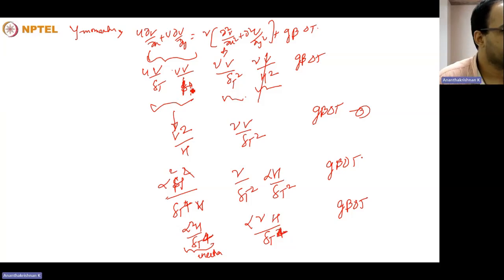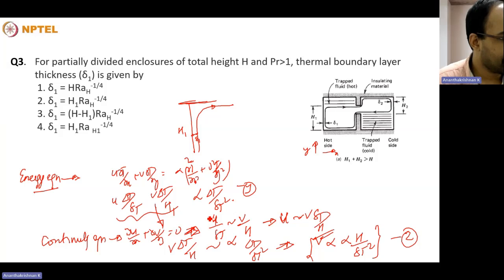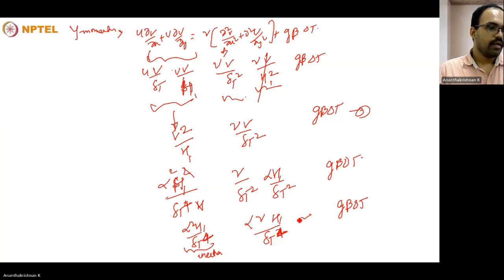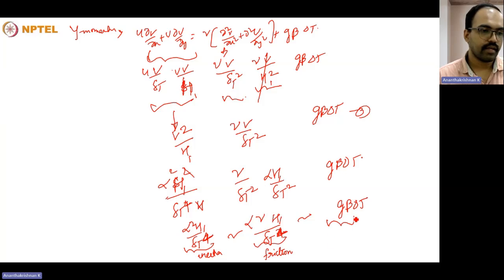And this is not h, it should be scaled as h1. There's a small correction, everything will become h1 here, because we are scaling for the left side boundary layer. This will be the scaling analysis. This is the inertia term, this is the friction term, and this is the buoyancy term.